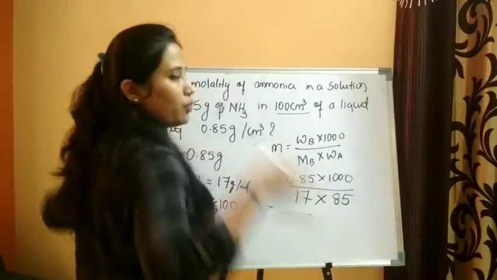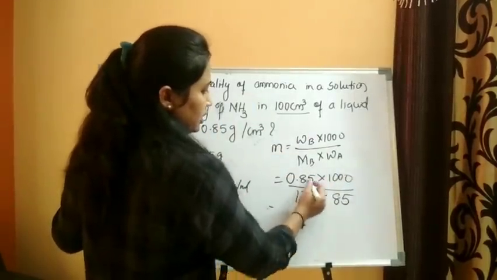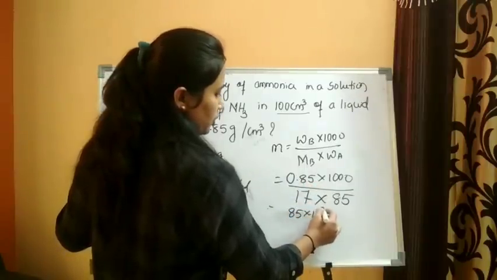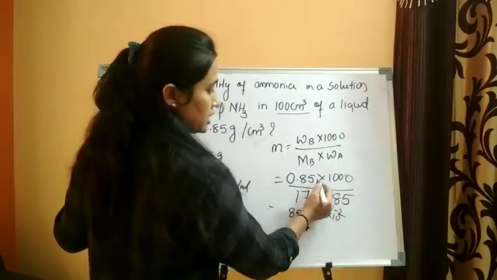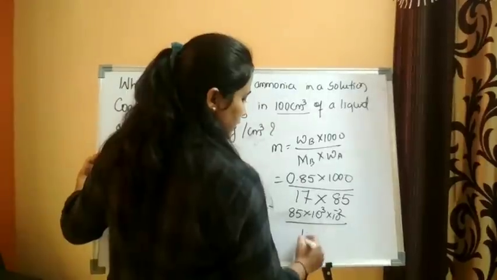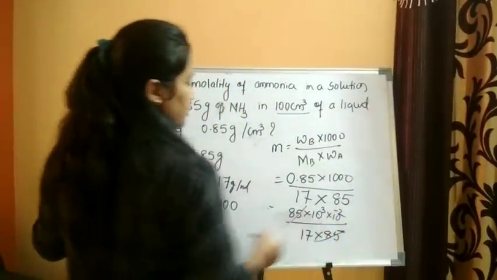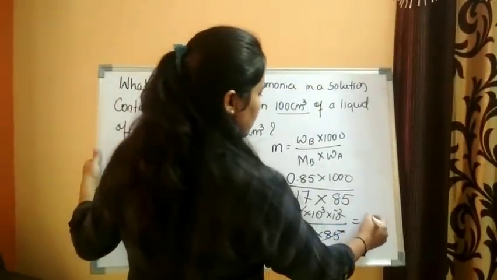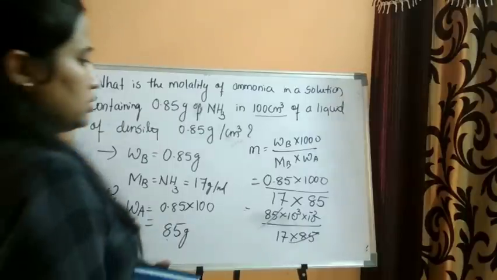If you are poor in calculation, you can convert it into scientific notation. I can write 85 into 10 to the power of 3 into 10 to the power of minus 2, since I have transferred the points over here, divided by 17 into 85. So 85 will get cancelled, and 10 to the power of 3 into 10 to the power of minus 2 means it becomes 10 divided by 17.